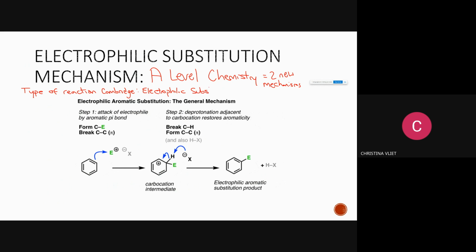I actually like adding the word aromatic because it brings it back to memory. But either's fine. If you said electrophilic aromatic substitution, Cambridge would still give you the mark, because it's correct chemistry. Okay, so the general mechanism is always going to be the same.